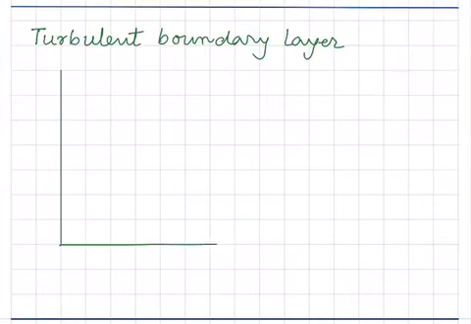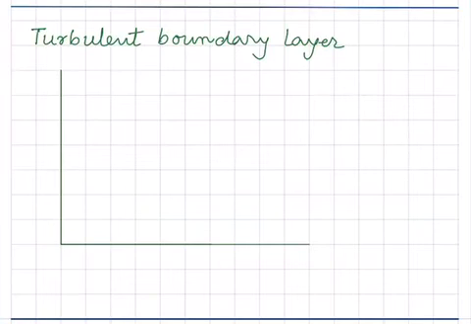Let's make it a little larger because we need more space. We have drawn earlier, and in many places you will see, that a turbulent boundary layer has a shape which is something like this: free stream edge value at the top and zero velocity at the wall.